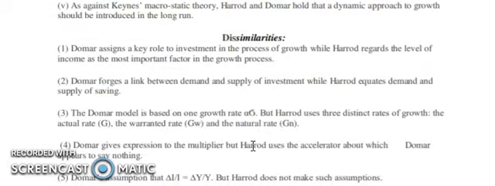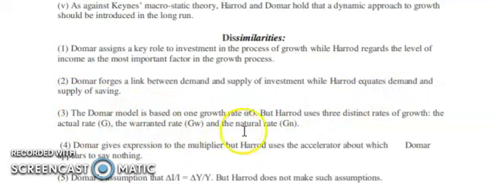Then the dissimilarities. Domar assigns a key role to investment in the process of growth, while Harrod regards the level of income as the most important factor in the growth process. Domar forges a link between demand and supply of investment, while Harrod equates demand and supply of savings.